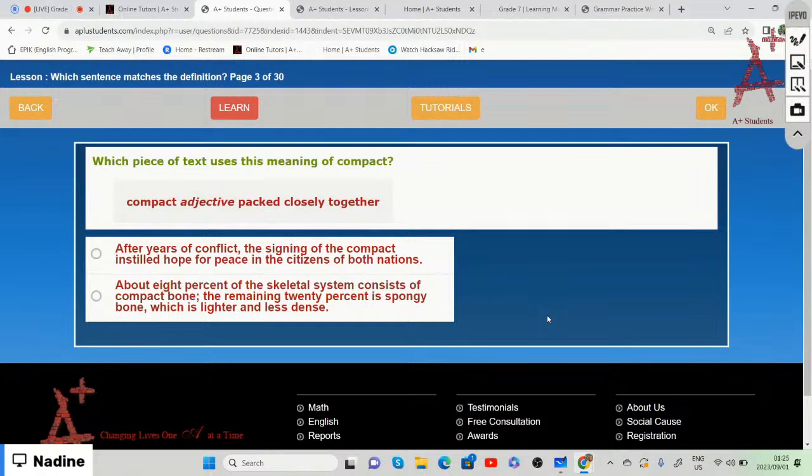The remaining 20% is spongy bone, which is lighter and less dense. So, which piece of text uses the meaning of compact? Compact is packed closely together.